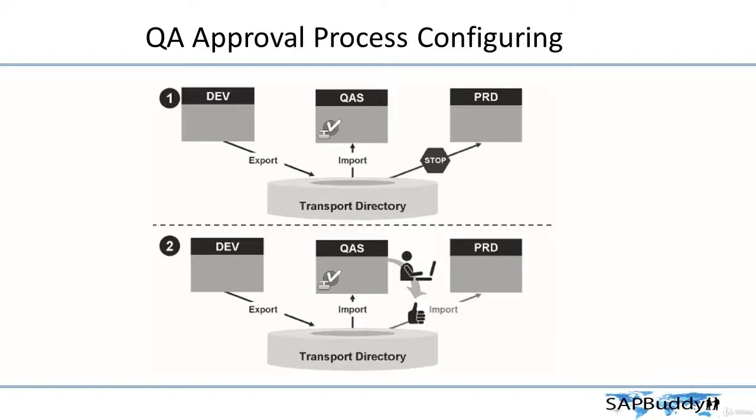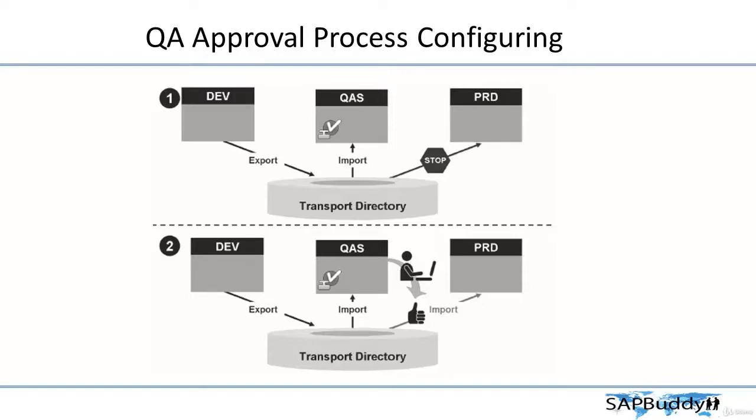Then you will import it and do the testing in the QA system. At that time, the particular TR in the productive system is available in the buffer, but you can see a symbol like this. It's waiting for QA approval. Meaning to say, without approval, this TR will not be imported in STMS.